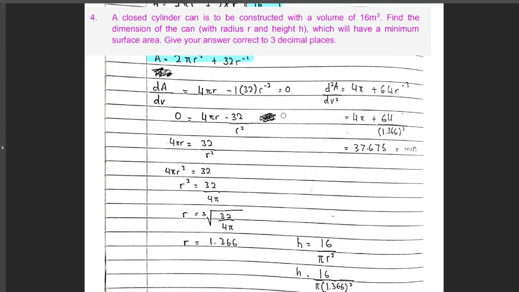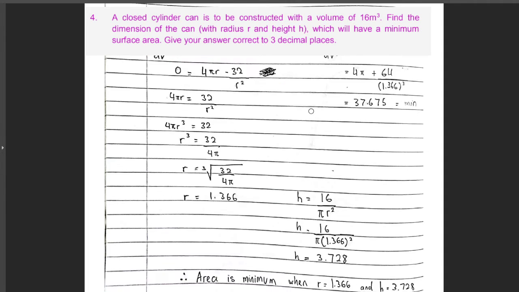Our next step, step 3, is to differentiate the area. We put equal to 0 at the back so we can find the value of r. So we move negative 32 over r squared, which becomes positive.